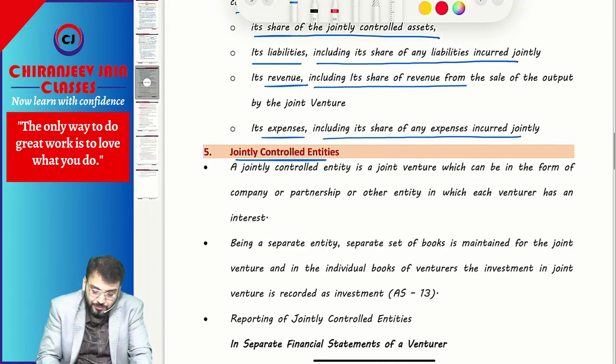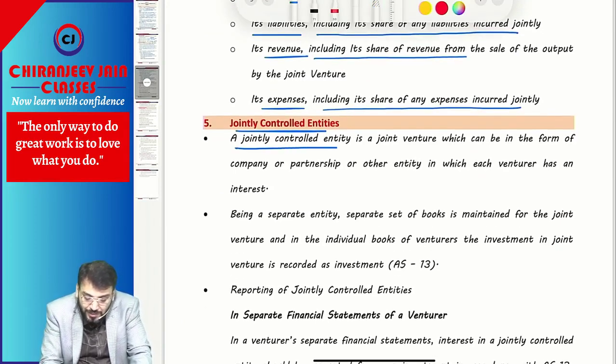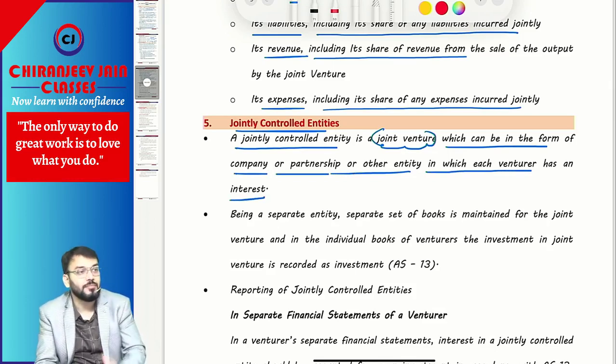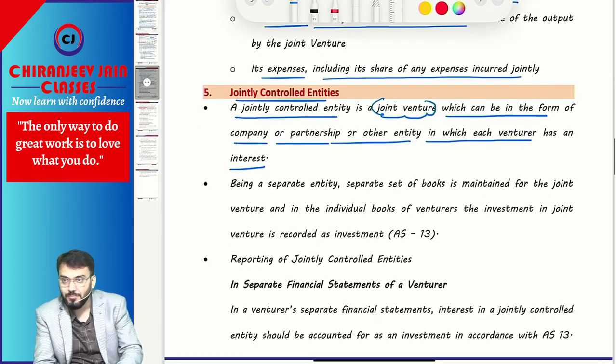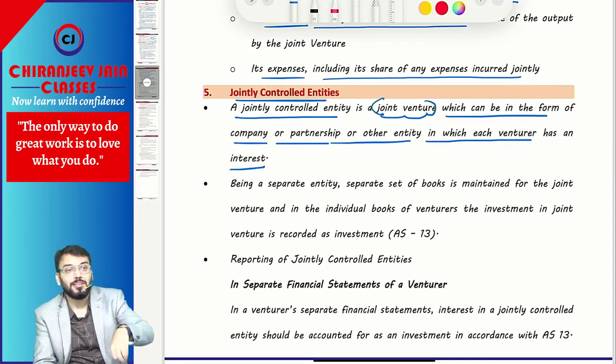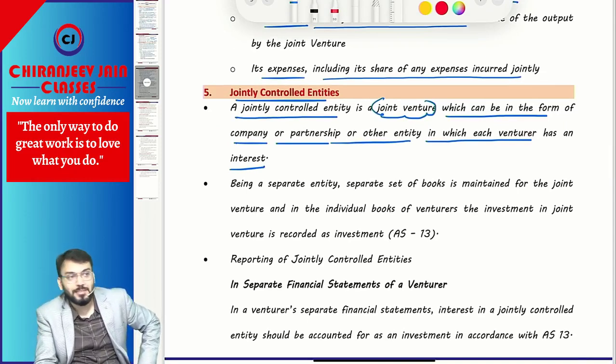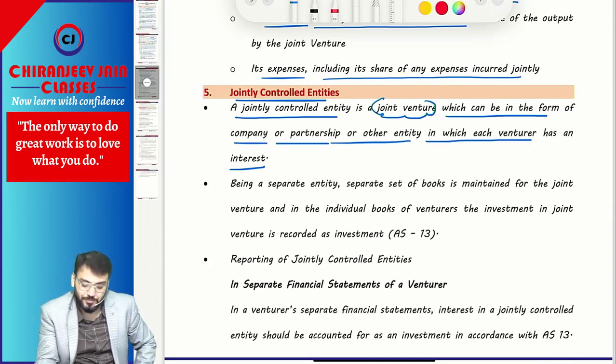Let us read what they want to say. Jointly controlled entity: a jointly controlled entity is a joint venture which can be in the form of a company or partnership firm or any other entity in which each venturer has an interest. In a partnership firm, the partner becomes the joint venturer.